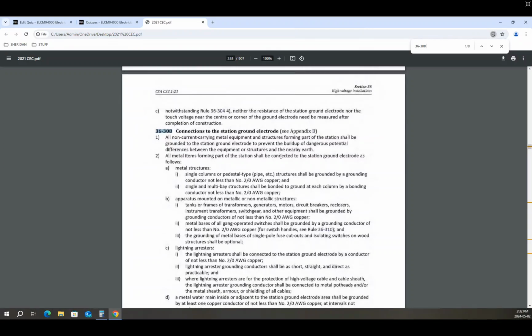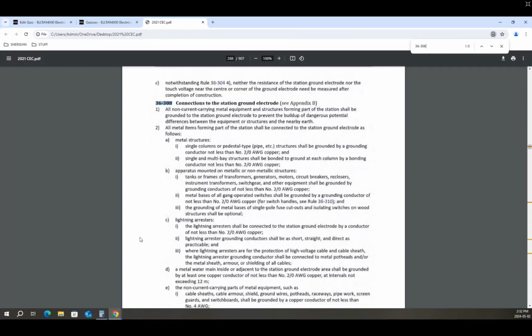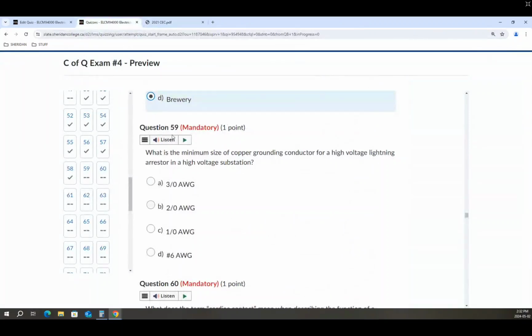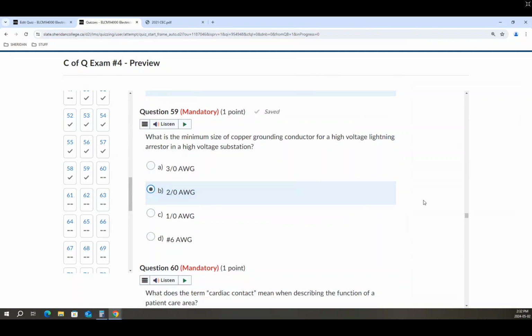All metal items form a part of this. All these metal structures, apparatus, lightning arresters. The lightning arrestor shall be connected to the station ground electrode by a conductor of not less than 2 AWG. So the minimum size is 2 AWG.